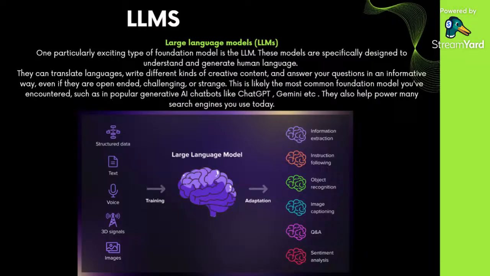Perplexity. Nice. Because we got it for free, isn't it? Gemini. Nice. Gemini is getting more powerful day by day.